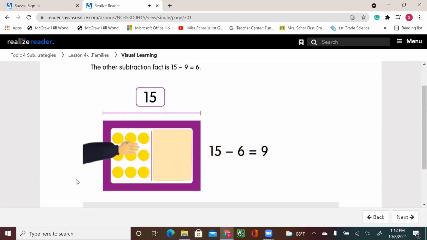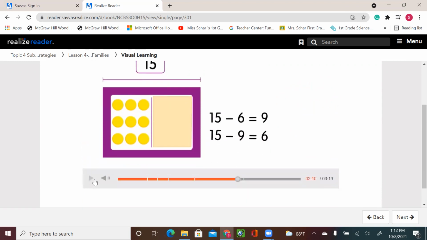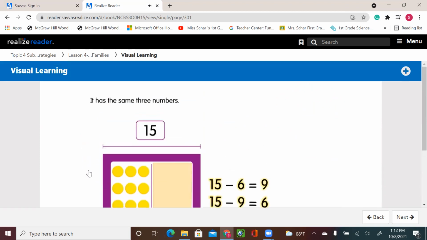The other subtraction fact is 15 minus 9 equals 6. How is this subtraction equation like the one you saw before? We still have the same numbers. It has the same three numbers.